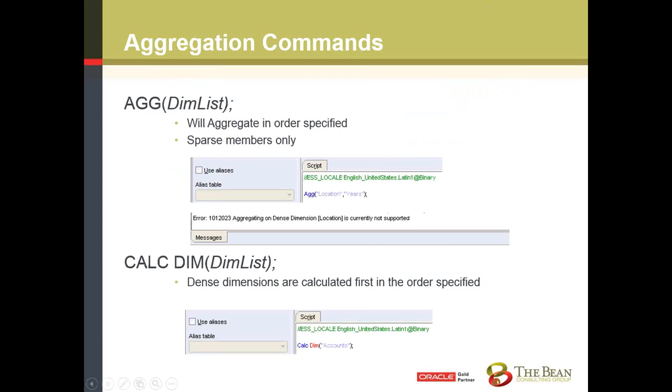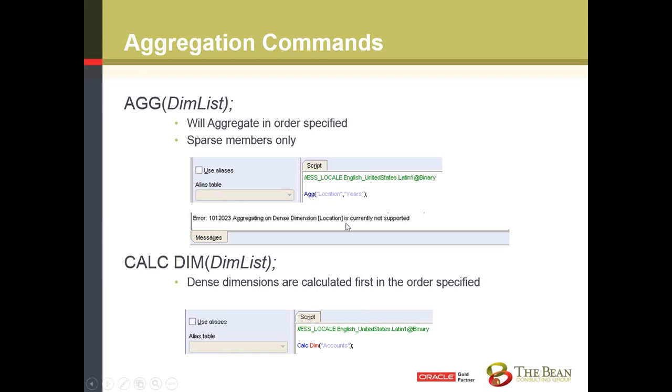So just a couple of examples here of how the command is used in a calc script. The first one here, agg, we're going to agg our location and year dimensions. In this case, you can see that location is dense, so the agg command actually shows us an error here.